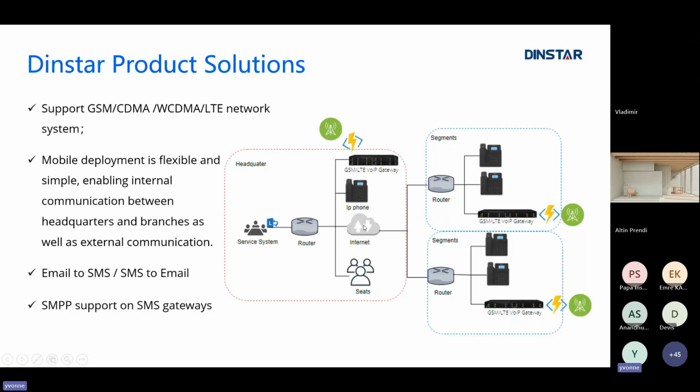And for the branches, each has a router connecting the IP phones and the UC2000 gateways, mirroring the headquarters setup to ensure constant communication capabilities across the organization.